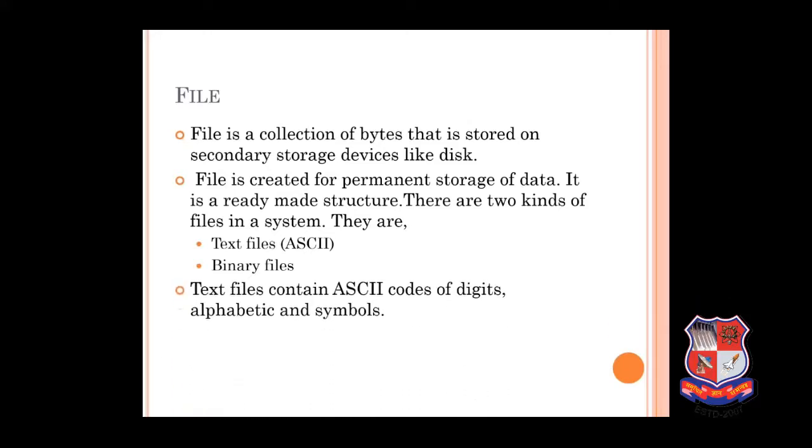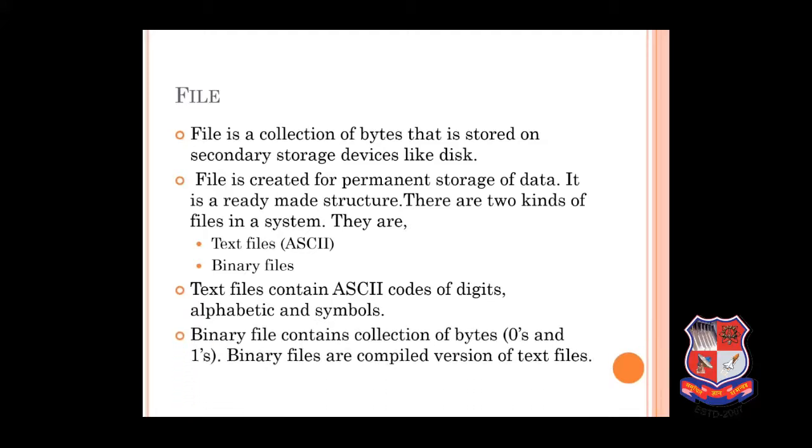So, text files contain ASCII codes of digits, alphabets and symbols. Basically a simple text file in Notepad we create is a text file, or a word file, it is also a text file. And now the binary file contains collections of zeros and ones.